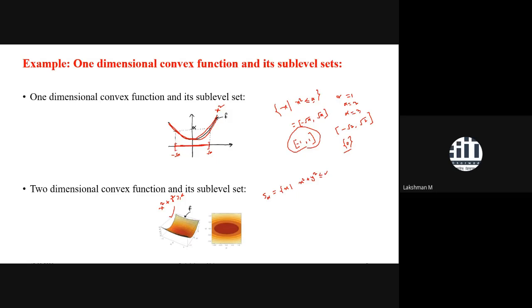It is the equation of a disk, that means the area under the surface. If you take alpha equal to 1, it will give the unit disk: x square plus y square less than or equal to 1. So what is this?